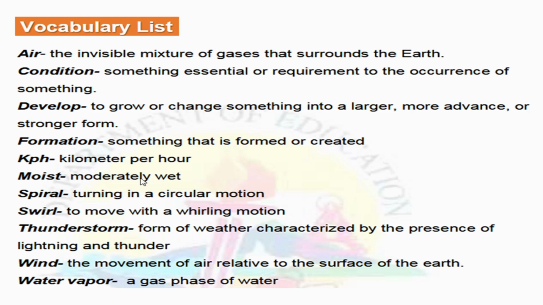Moist, moderately wet. Spiral, turning in circular motion. Swirl, to move with a whirling motion. Thunderstorm, a form of weather characterized by the presence of lightning and thunder. Wind, the movement of the air relative to the surface of the earth. Water vapor, a gas phase of water.